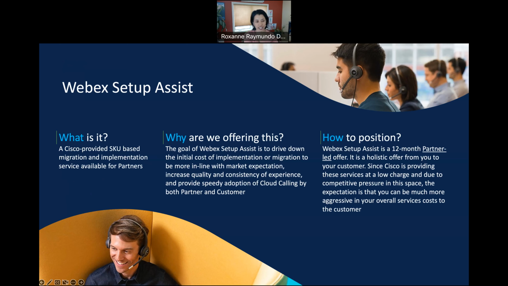Since Cisco is providing these services at a low charge and due to competitive pressure in this space, the expectation is that partners can be much more aggressive in their overall costs to the end customer. Most important, we need to engage the base before it is disrupted by our competitors, and Webex Setup Assist will allow us to do that.